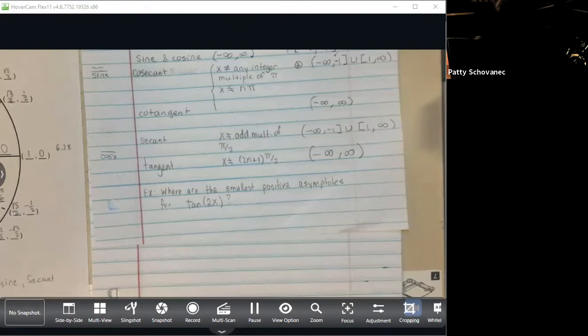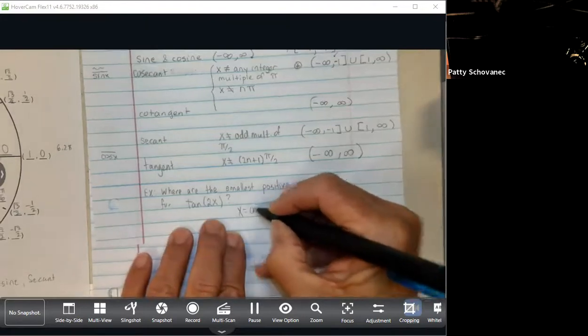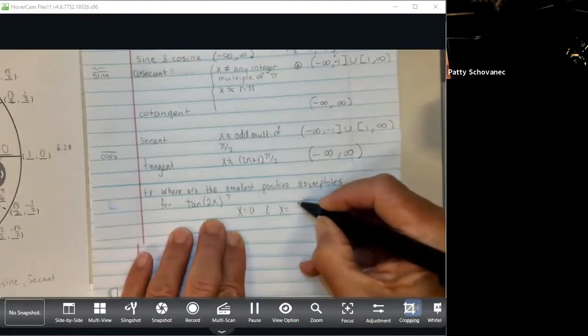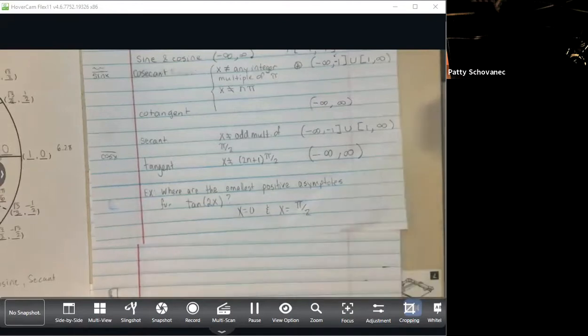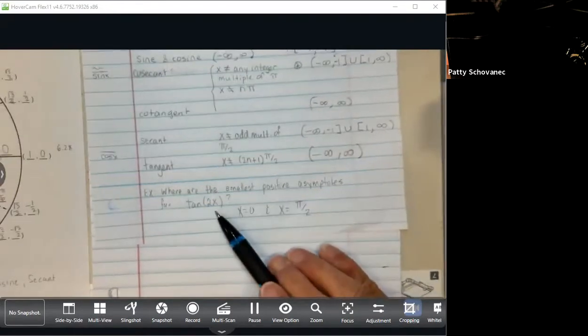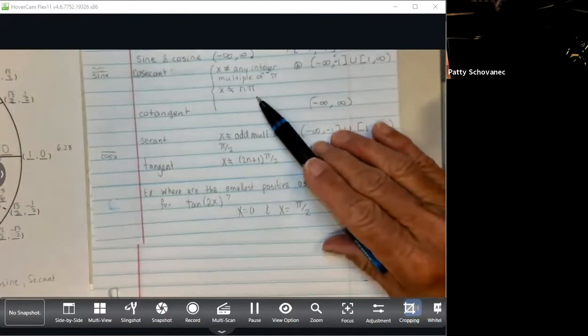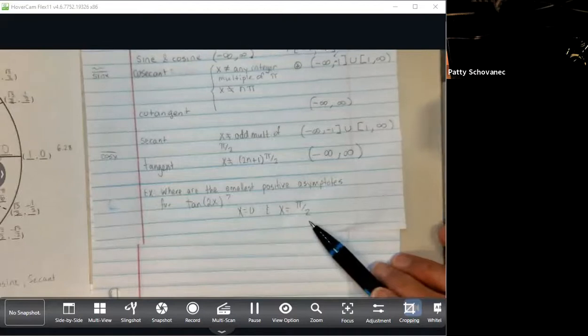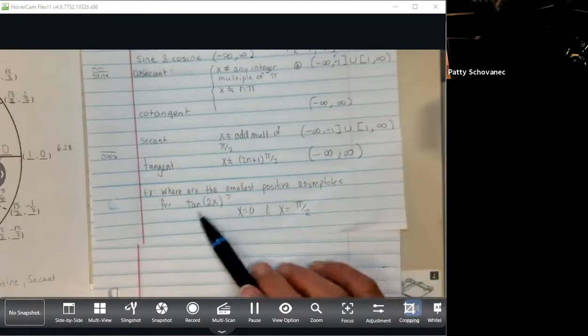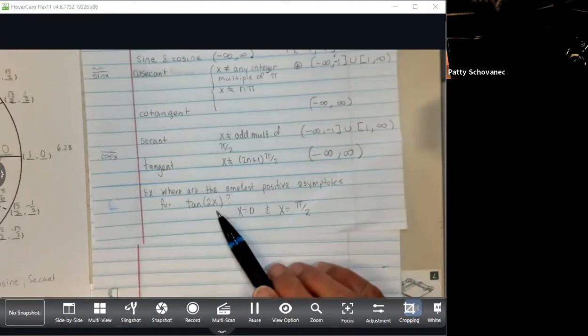To pi over 2. So we would say at x is 0 and x is pi over 2. Or in particular, this has asymptotes not at any multiple of pi, but any odd multiple of pi over 2. We've moved them closer. The period is smaller by a factor of 2.